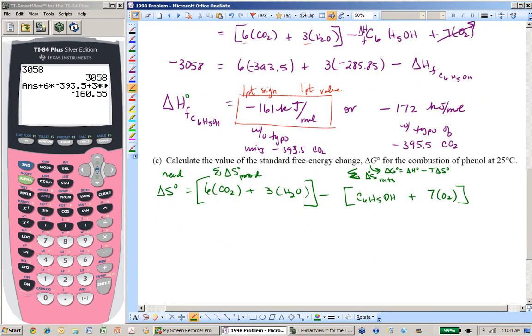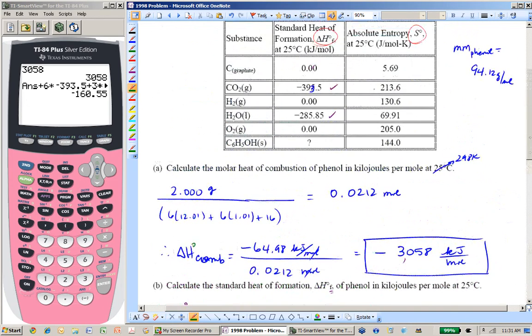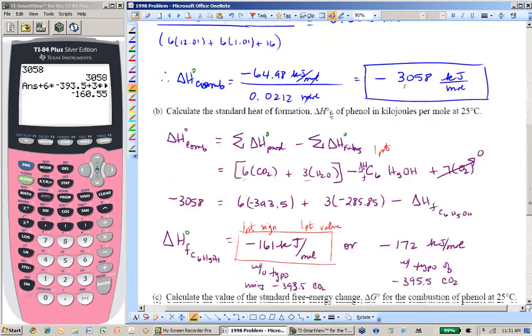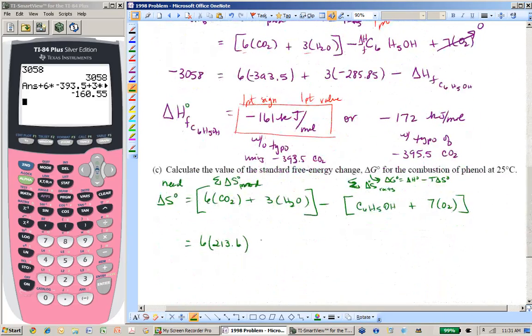All right, so now let's plug and chug. See if we can plug this in right. This is 6 times 213.6, reading it off of the table. 213.6 for the carbon dioxide. 3 times water, which is 69.91.